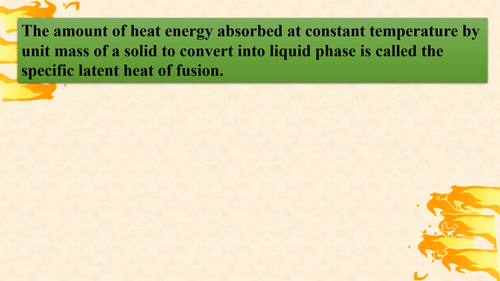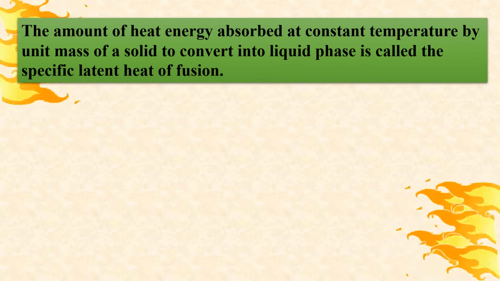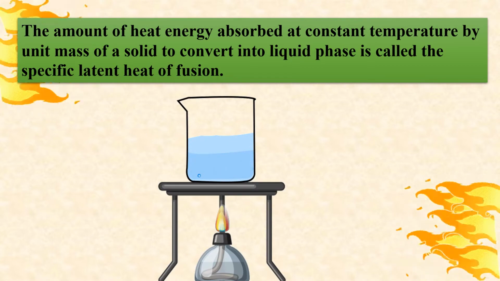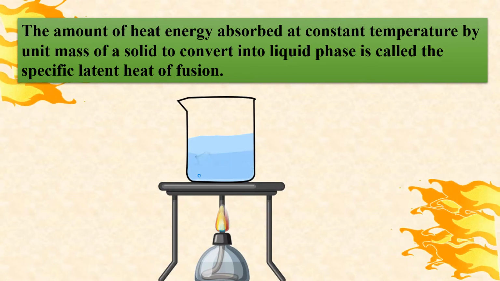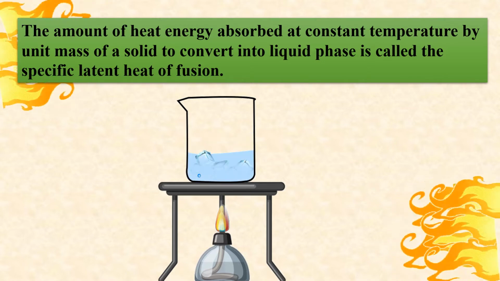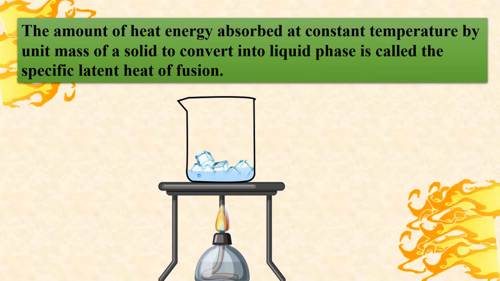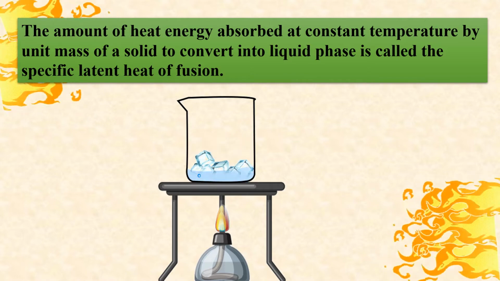Let's continue ahead. The amount of heat energy absorbed at constant temperature by unit mass of a solid to convert into liquid phase is called the specific latent heat of fusion. Now there is one word extra over here, okay, but this is a definition and you need to remember it word to word.